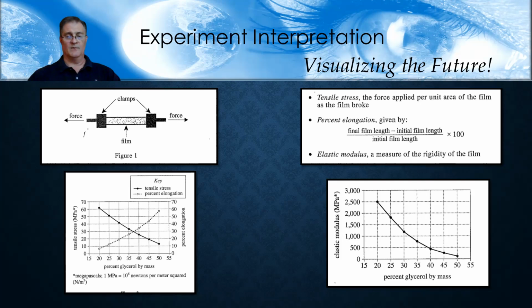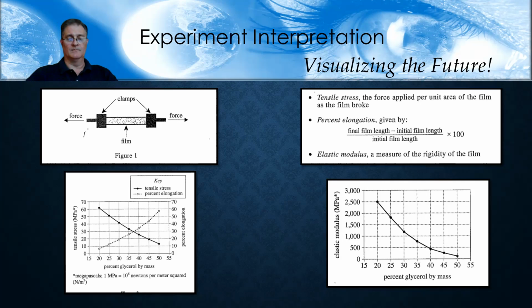Okay, well, remember, that's the rigidity of the film. We're going to look at the y-axis, look at the units it's in, from 0 to 500 to 1,000. It's increasing by 500 each time. Okay, so we're measuring the rigidity of the film based on changing the glycerol, because glycerol is on the x-axis.